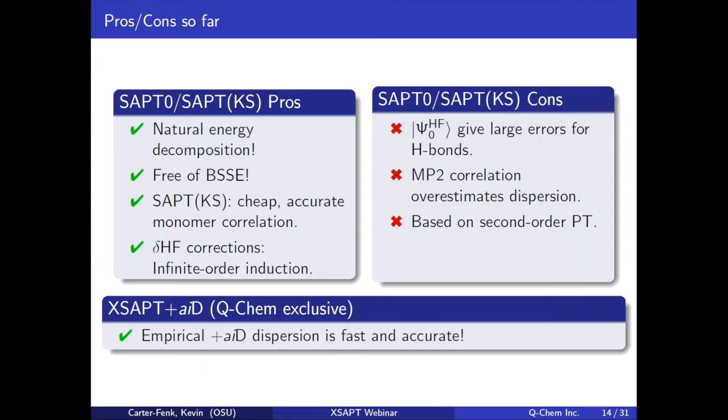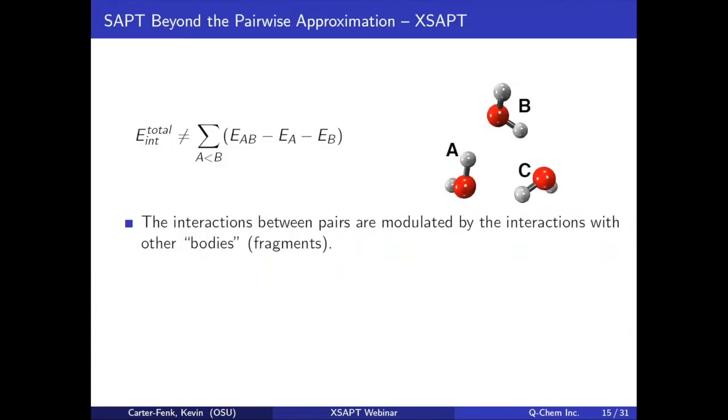However, this SAPT formalism, everything we've laid out so far, at least, has been entirely under this pairwise interaction approximation. So the pairwise approximation is the assumption that the interaction energy of the complex is a sum of the interaction energies between pairs of monomers.